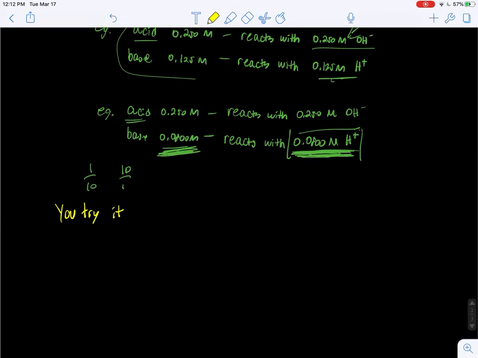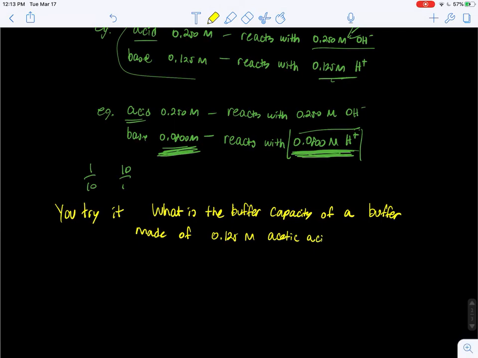Okay, so the question here again is, what is the buffer capacity of a buffer made of 0.125 molar acetic acid and 0.300 molar sodium acetate with respect to hydroxide ions and part B, H+ ions.